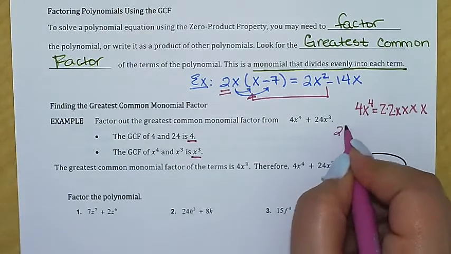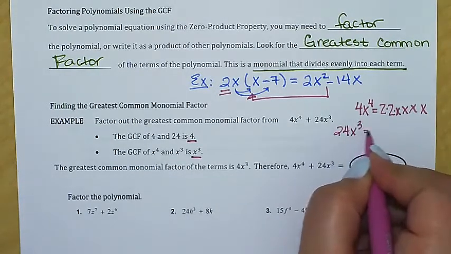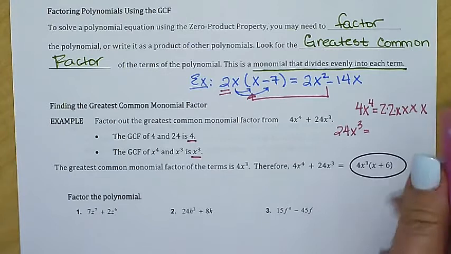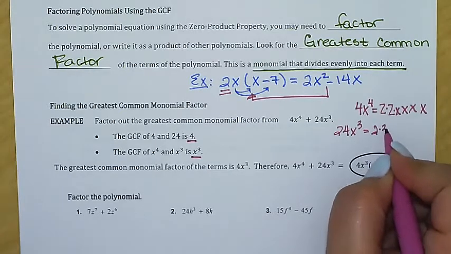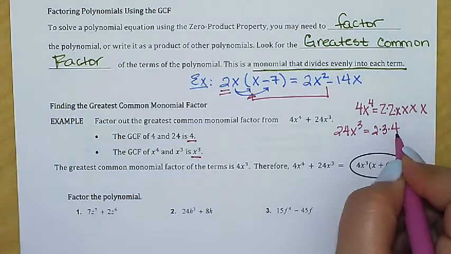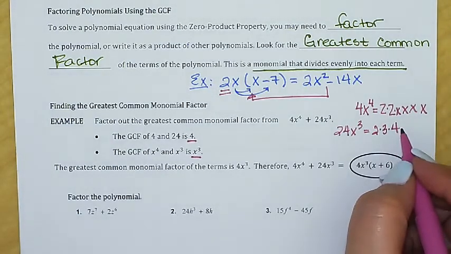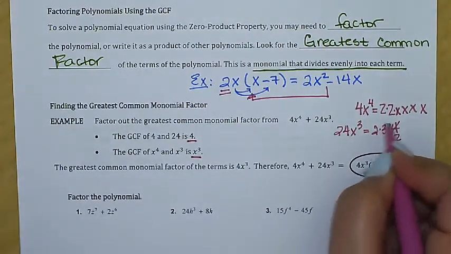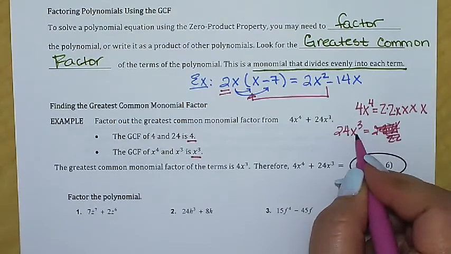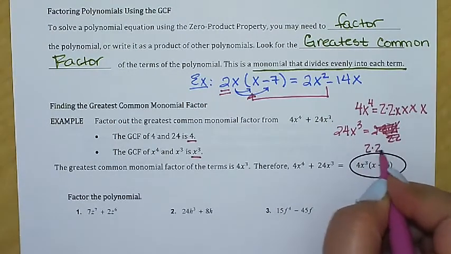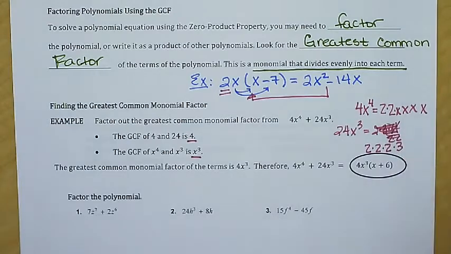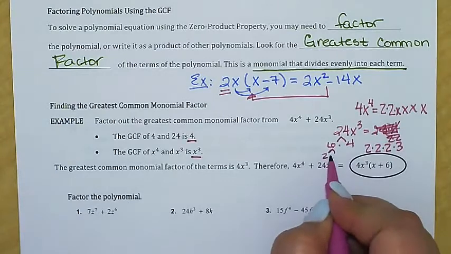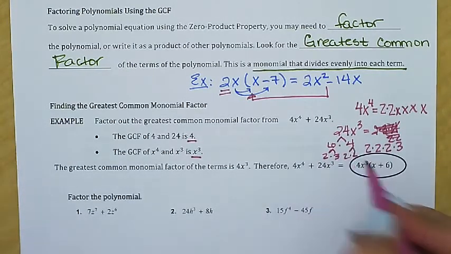If I did the same thing with 24x to the third, 24 separates into 6 times 4, but then 6 separates into 2 times 3, and 4 breaks up into 2 times 2.